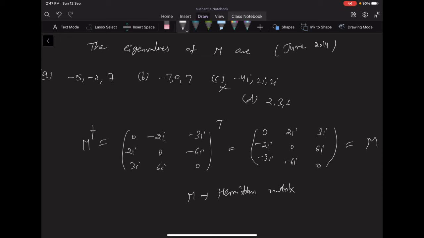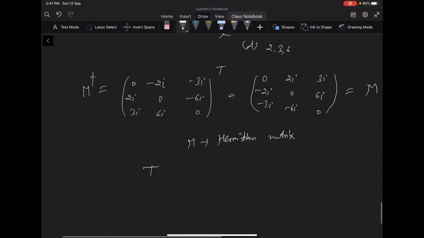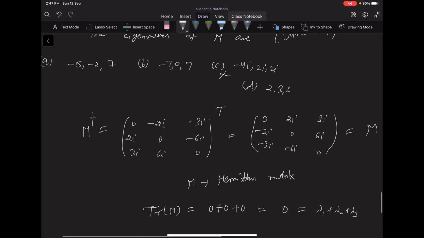Now the trace of this matrix M is 0 plus 0 plus 0, the sum of the diagonal entries. Trace of M is 0, and it is also equal to the sum of the eigenvalues. So option D is not possible because the sum of eigenvalues in option D is 11.